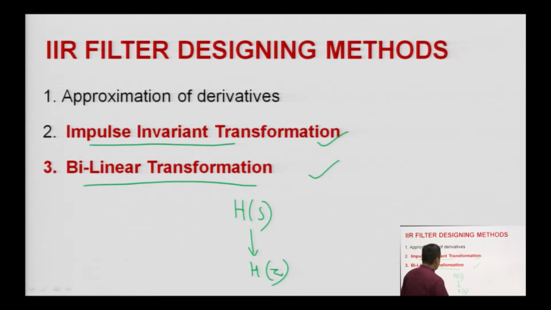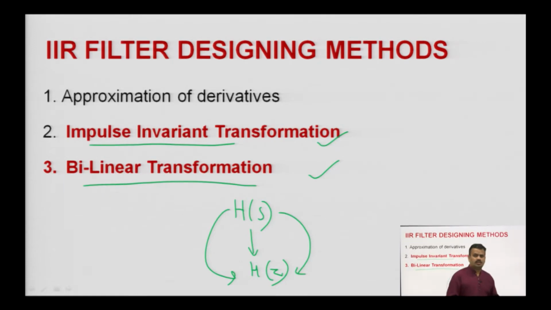That is, you have to convert your s plane into the z plane, or your signal available in the s domain in analog, you have to map into the z domain, or go from your s plane to the z plane. I hope it is clear to everybody.